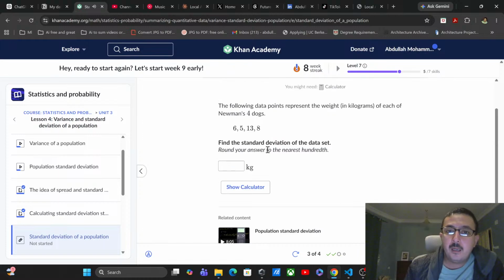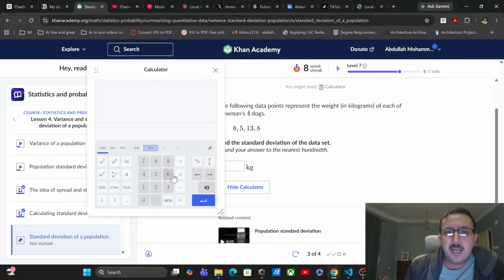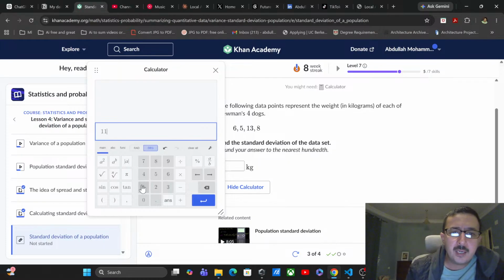Okay, standard deviation of this. Let's do this. I got 6 and 5, that's 11. 11 and 13. 11 plus 13 plus 8. Okay.